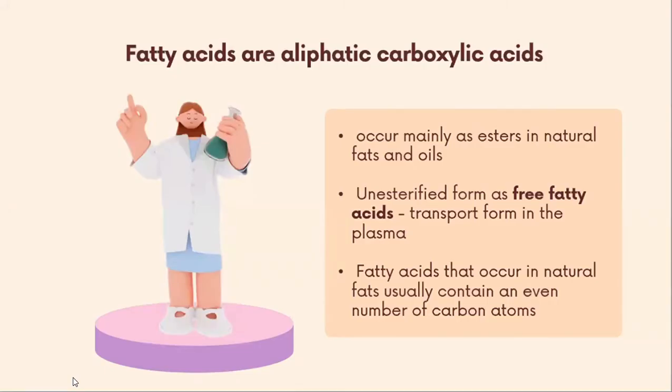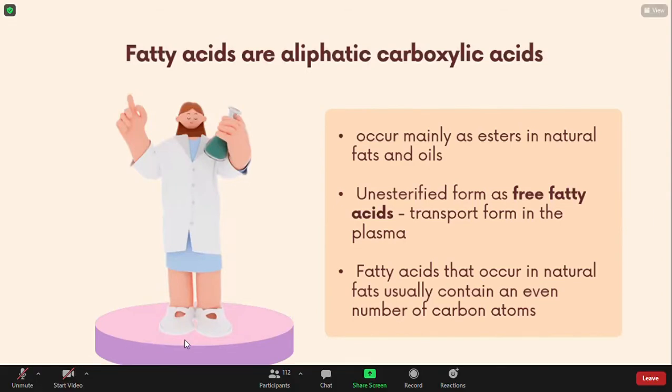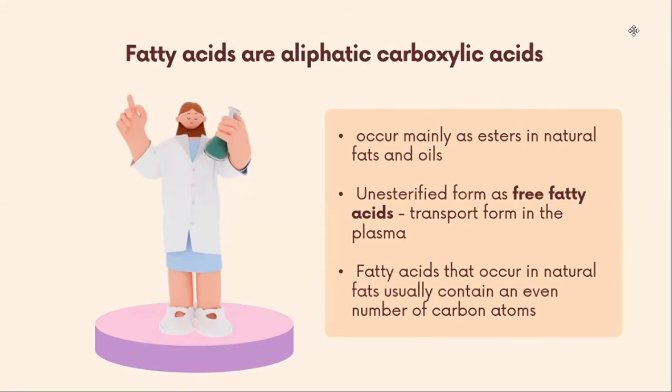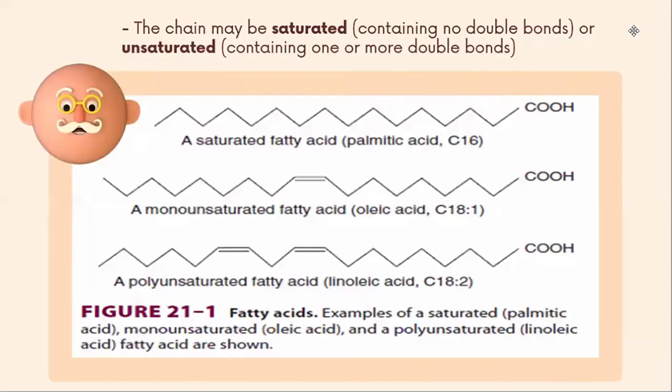So fatty acids are aliphatic carboxylic acids. They occur mainly as esters in natural fats and oils, and in unesterified form as free fatty acids, the transport form in the plasma. Fatty acids that occur in natural fats usually contain an even number of carbon atoms.